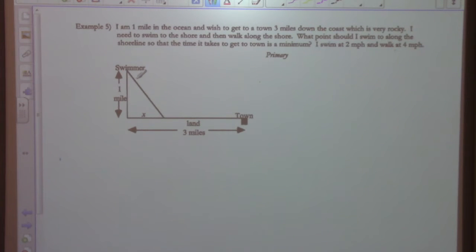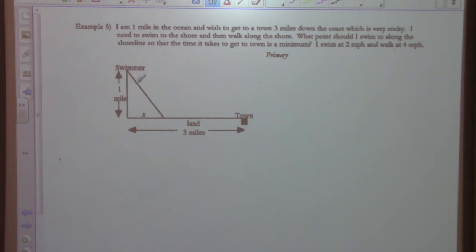If you do the thought experiment, the swimmer could swim directly to town, but because you swim at 2 miles an hour and walk at 4 miles an hour, just with your thought experiment that's not going to be your optimal course, because you're going to want to spend a lot of time walking.